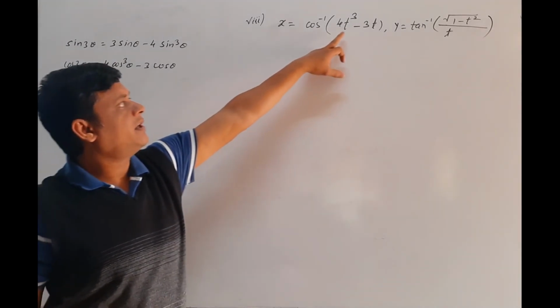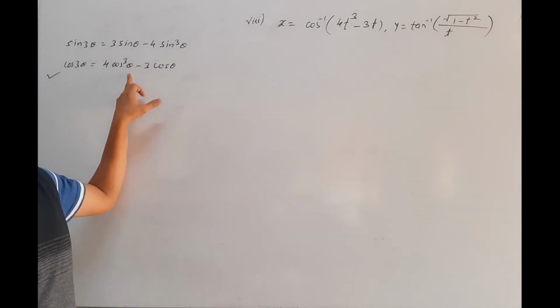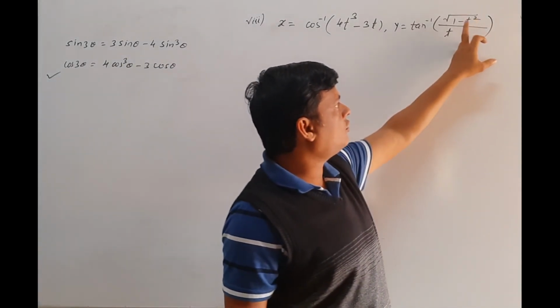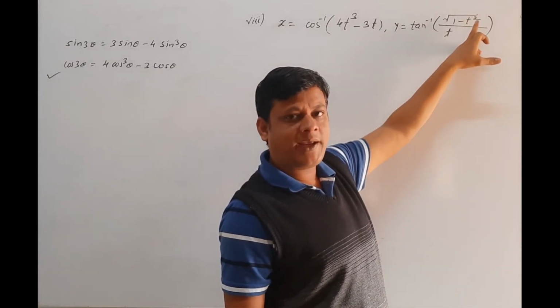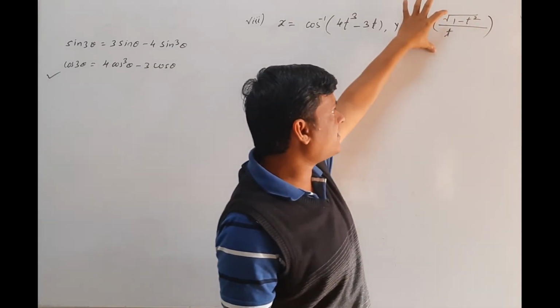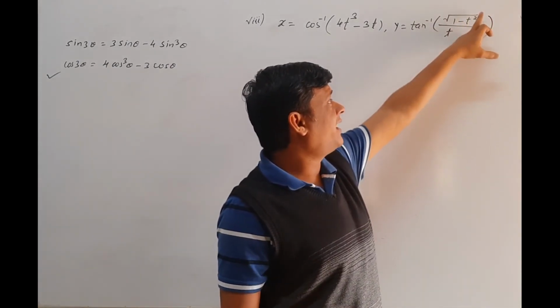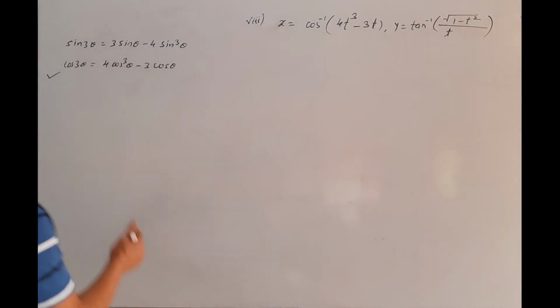When we replace t by cos θ, we get 4 cos cube θ minus 3 cos θ. And for the second also, if t is cos θ, then 1 minus cos square θ, by using the identity, we write as sin square θ. Square and square root get cancelled, and here we get sin upon cos as tan θ. So we put here t equals cos θ.